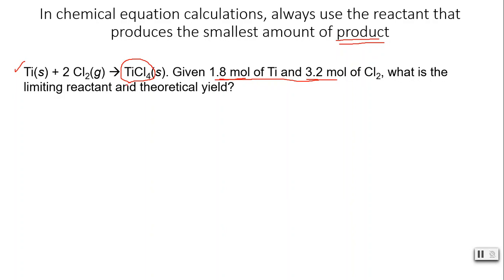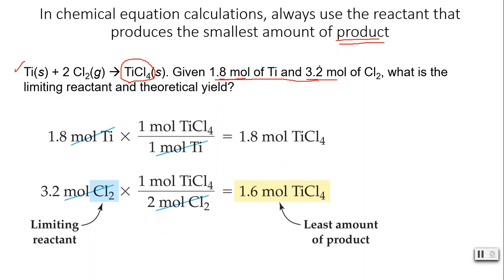So that means in these problems, you are going to have to do two calculations. One calculation will be using the 1.8 moles of titanium and determine how many moles of titanium chloride that gives you. And then you'll do a similar calculation, but in that case using the 3.2 moles of chlorine gas and seeing how many moles of titanium chloride that gives you.